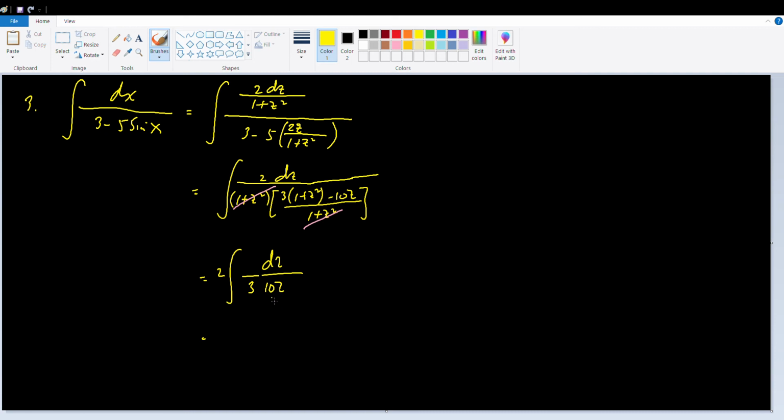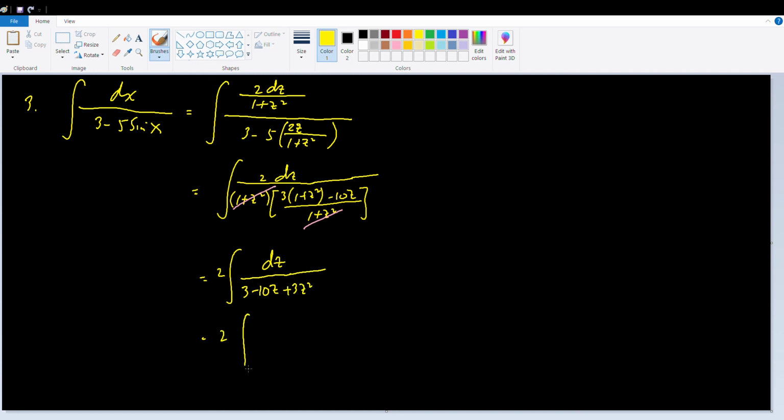Something wrong here. So dz all over 3 minus 10z plus 3z squared.